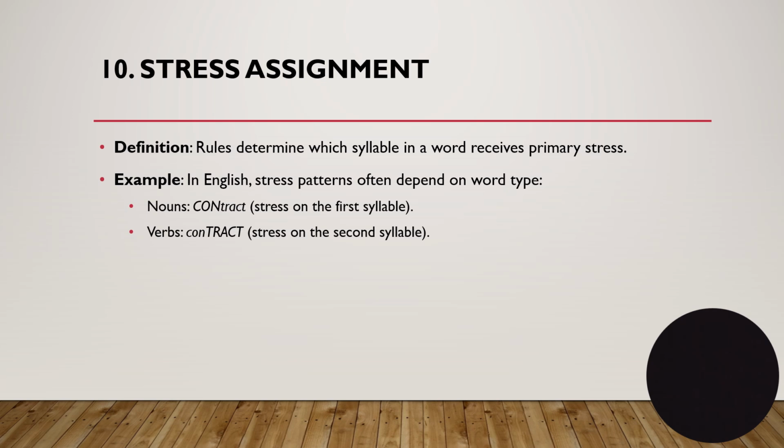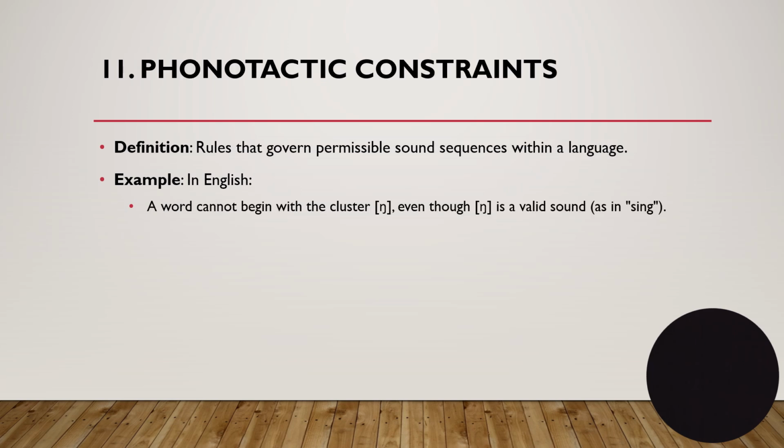So, contract and contract. Phonotactic constraints. Definition: rules that govern permissible sound sequences within a language. Example: in English, a word cannot begin with the cluster ng, even though ng is a valid sound, as in sing.